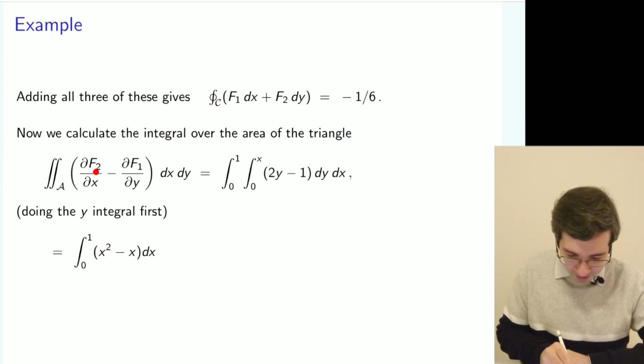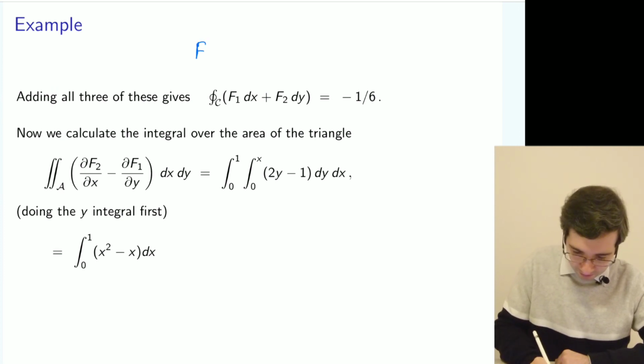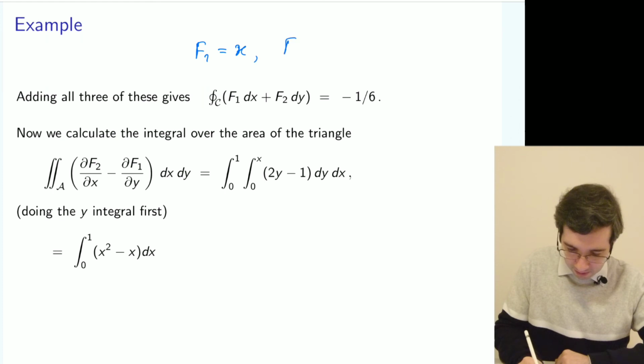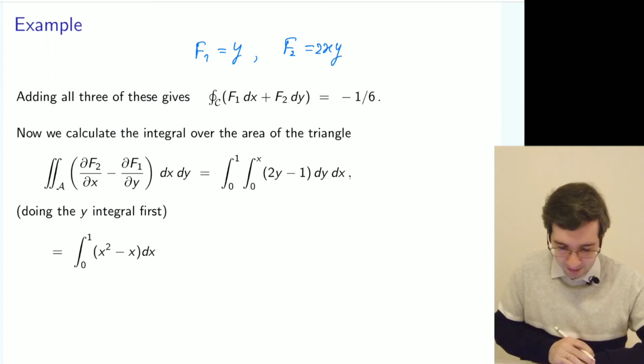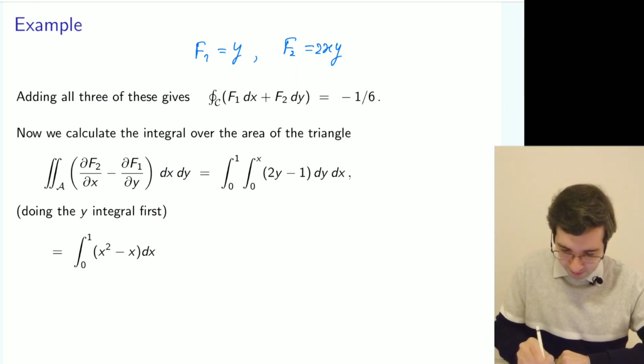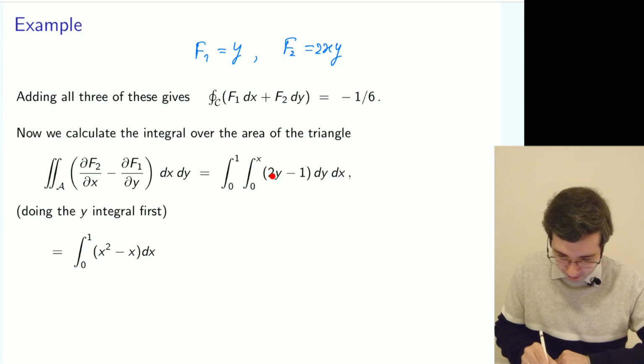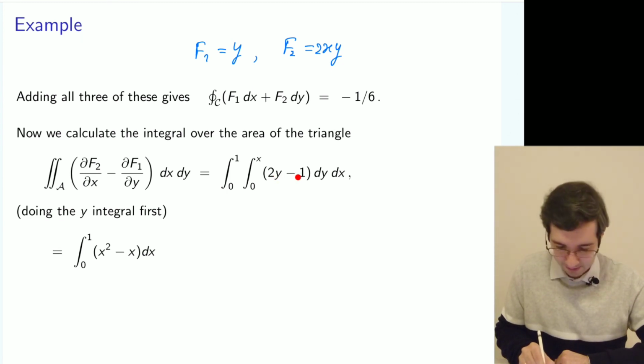And if we differentiate our field, so just a reminder, f1 is y and f2 is 2xy. So if we differentiate it, we get 2y there and just 1 there, okay?